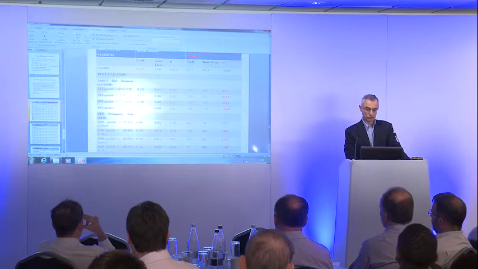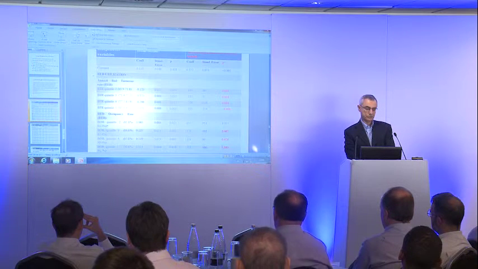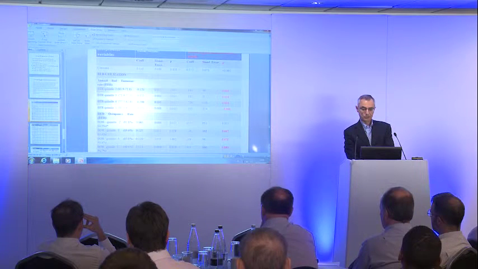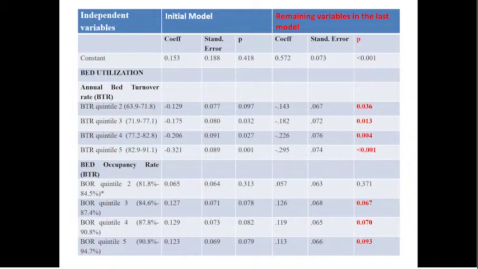This is the model. You can see here the bed utilization. Again, the dependent variable is CDI rate per hospital. The bed utilization variables are divided in quintiles. For example, the bed turnover rate quintile 2 goes between 64 and 72 patients per bed per year.